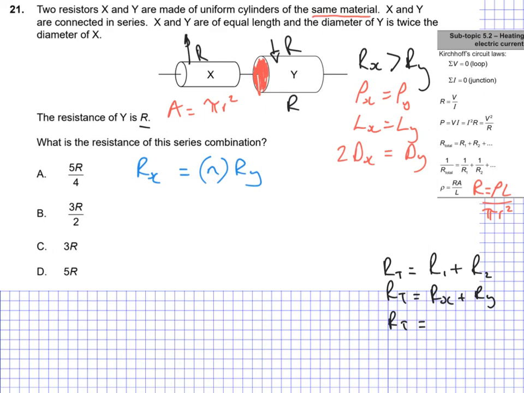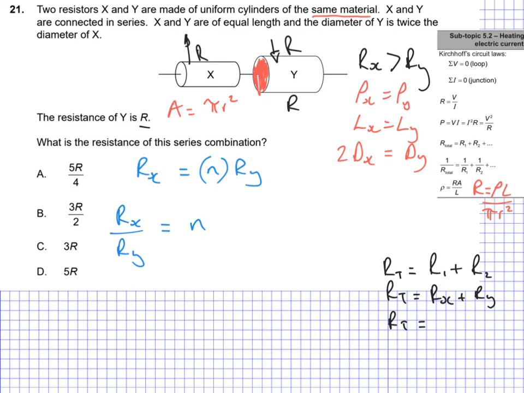We're going to put our equation into ratio form, because all we need to do is go Rx over Ry, and that's going to give us this integer multiple ratio. So we're going to bring this over, because this now is the resistance taking into account the differences in the radius, and the fact that the resistivities are the same and the lengths are the same.